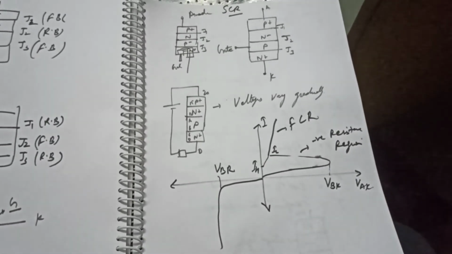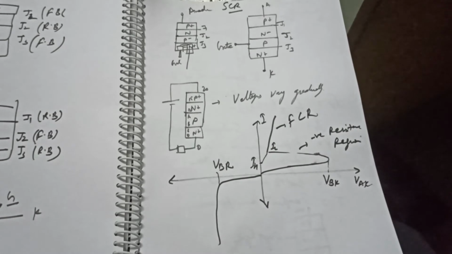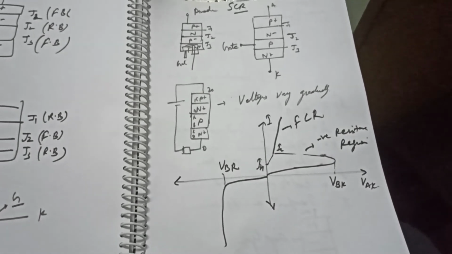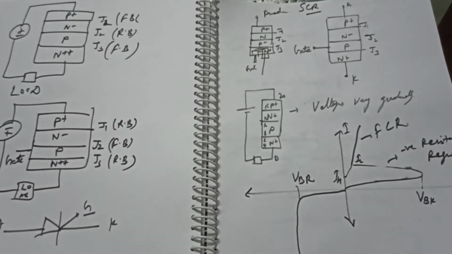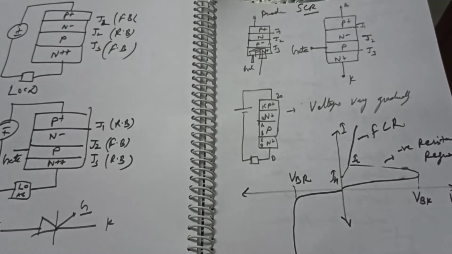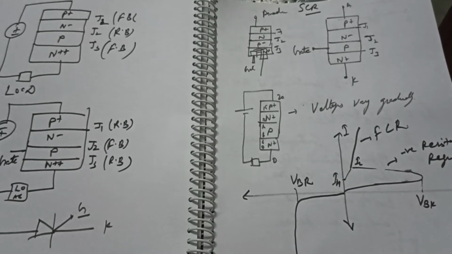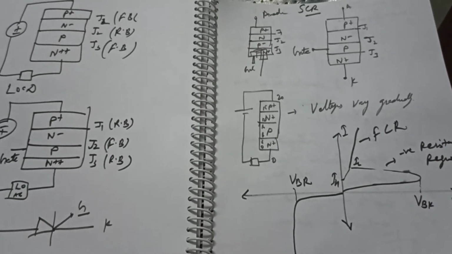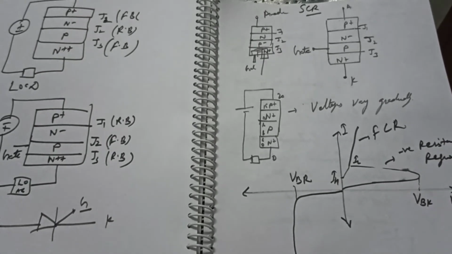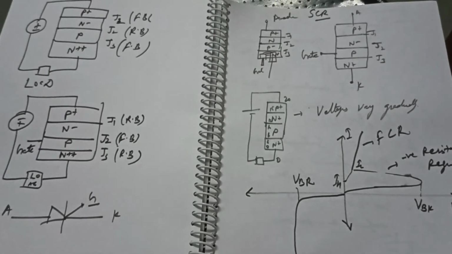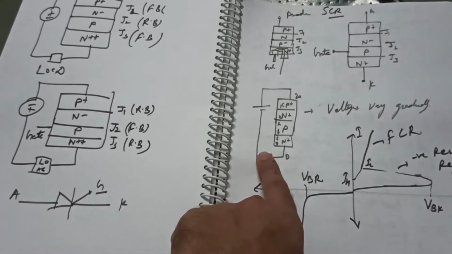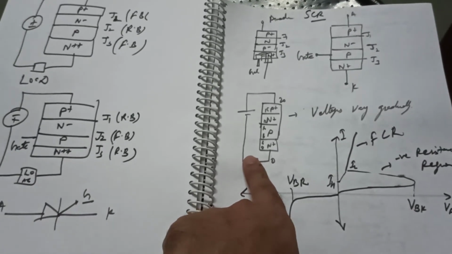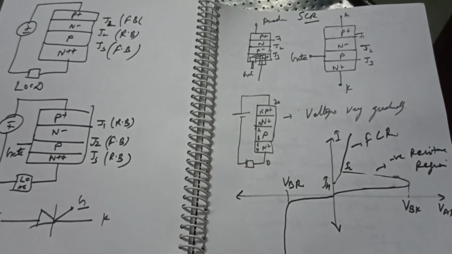As we increase the gate cathode voltage, the current flow will go on increasing, and as the current flow increases, a current is set up in the thyristor. Once the thyristor is switched on, that current is now controlled by the load. After the turn on of the thyristor, the gate loses control over the device.